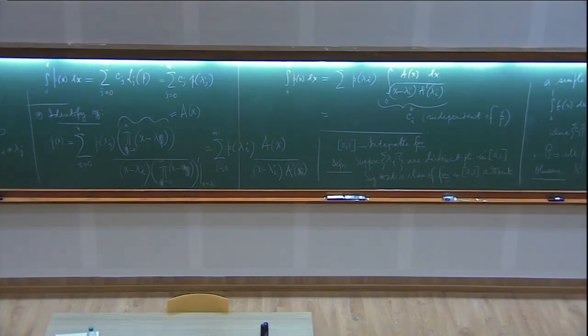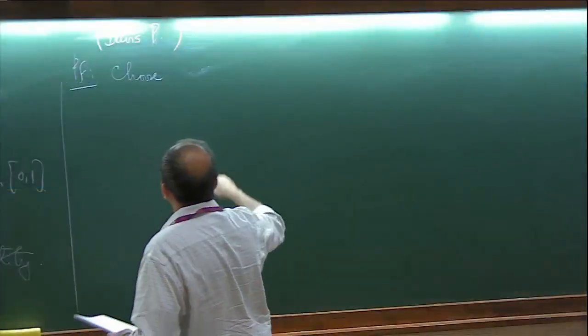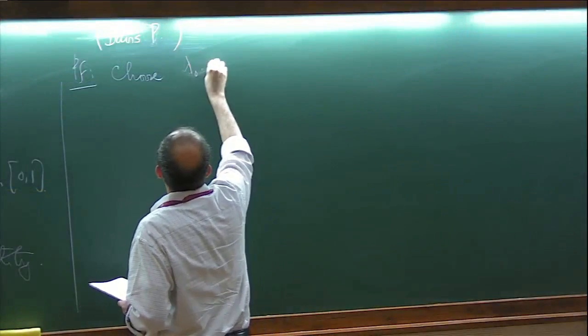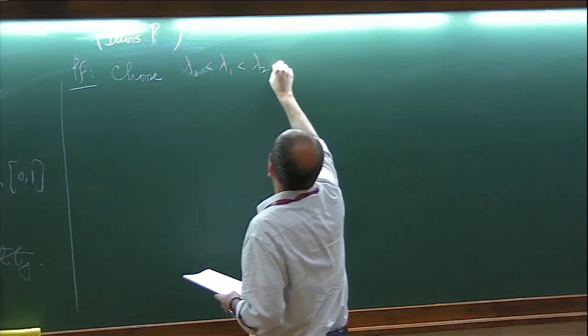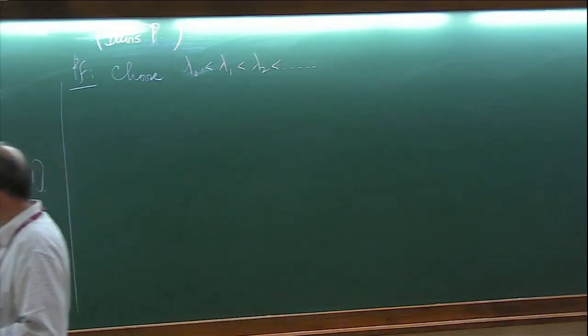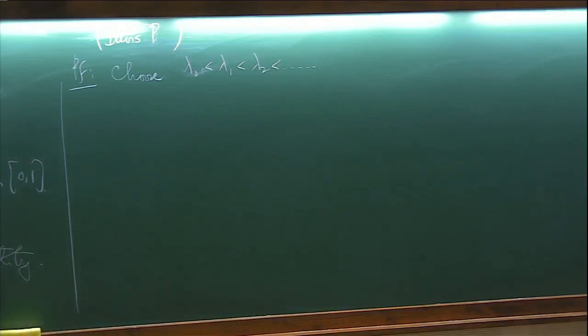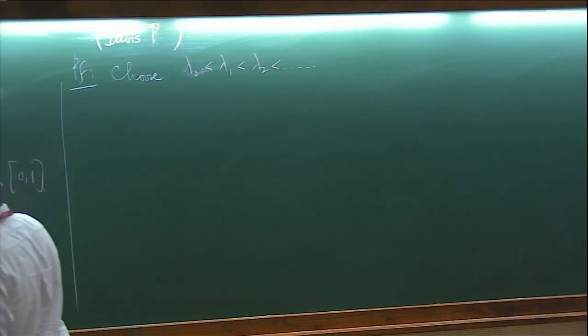So let's choose an increasing sequence. By the way, I'm no longer restricting to 0, 1 because I'm allowing all possible degrees here. I have to expand the domain, so I'm looking at the entire real line.